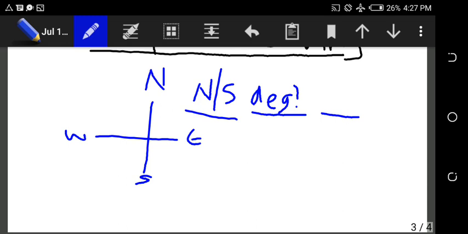So either you start from north or from south. The next thing is how many degrees away from the north or the south, then is it towards the east or towards the west. And it is always an acute angle. It must always be less than 90 degrees. Let's look at examples.